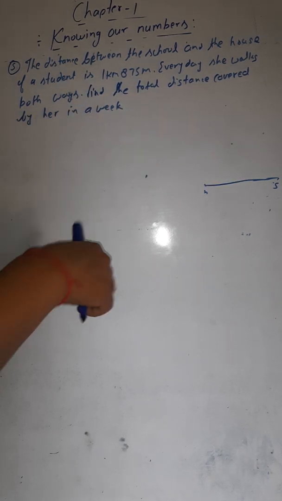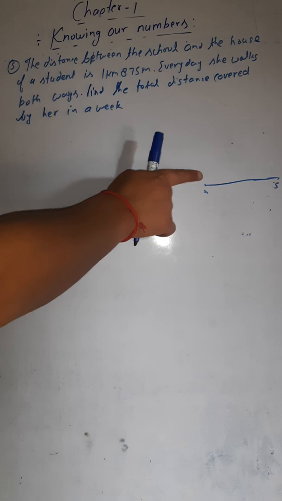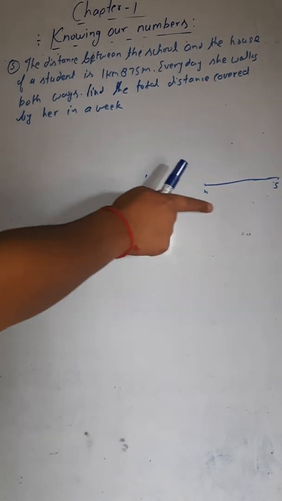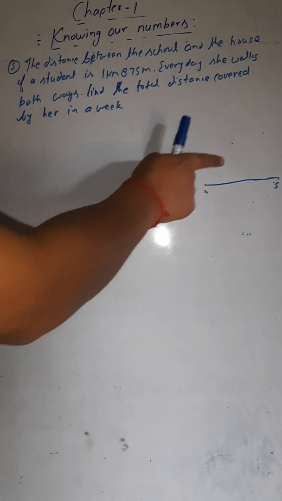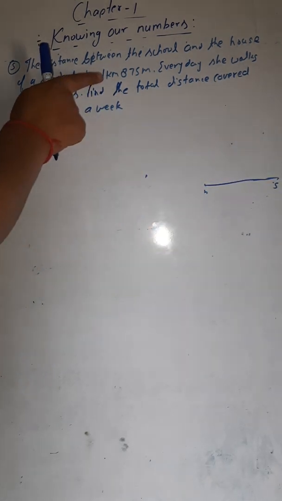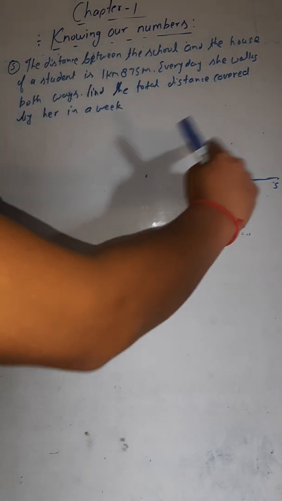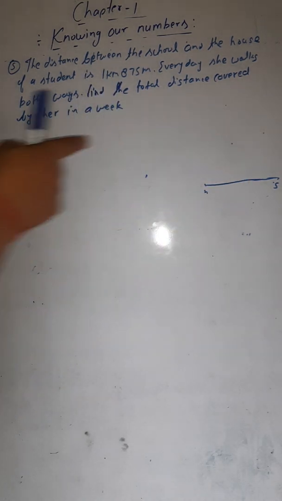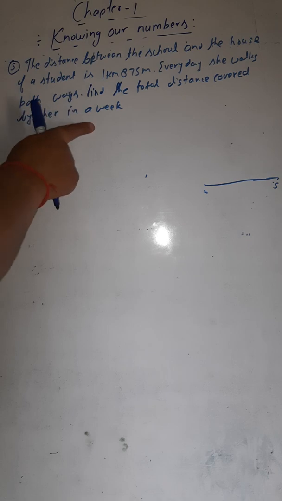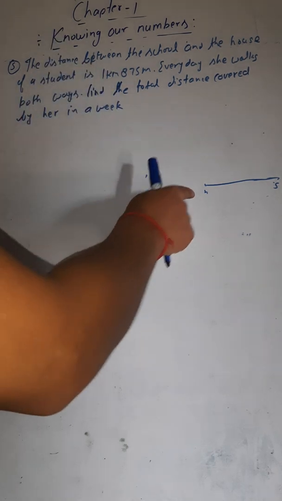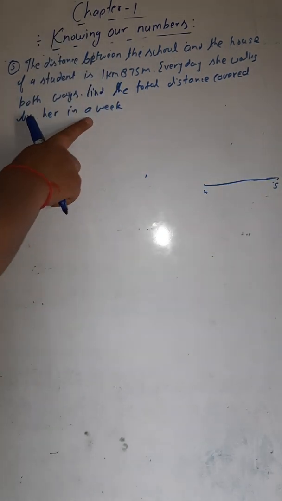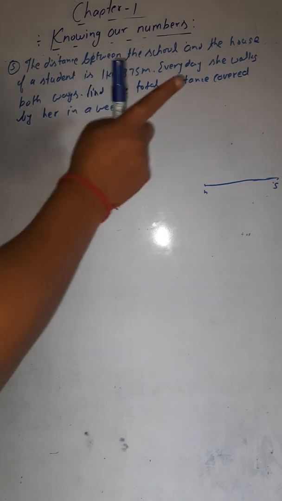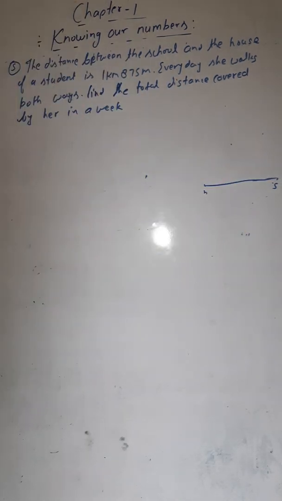Every day she goes 1 kilometer 875 meter, then again the same distance she comes back. So in one day she is traveling the same distance 2 times. So in a week, you'll multiply the distance traveled in one day by 7, because in a week 7 days are there.